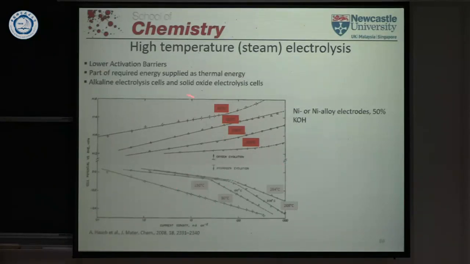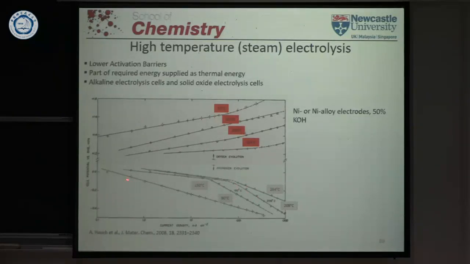Here you see some collection with the change in energy that is required, going from 80 degrees to about 260 degrees. And this shows the oxygen side and this the hydrogen side.